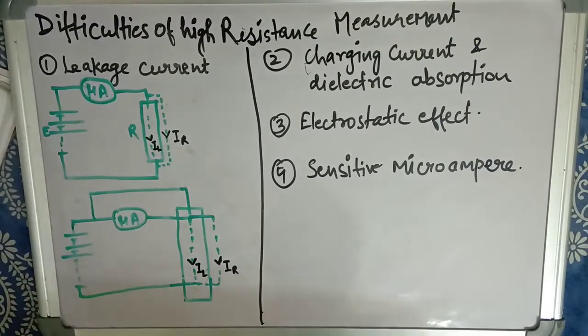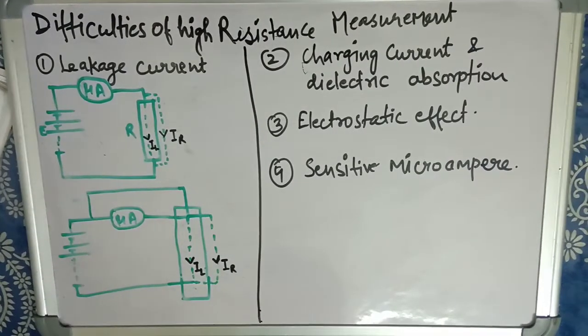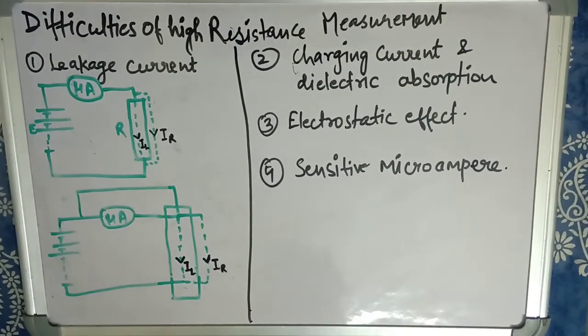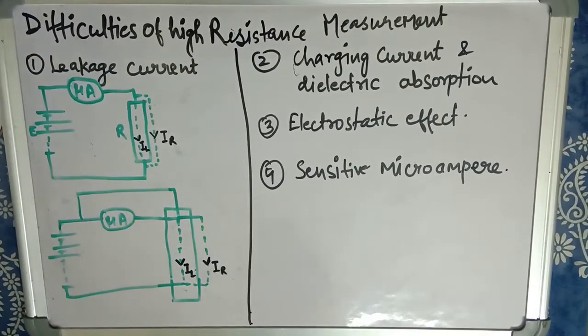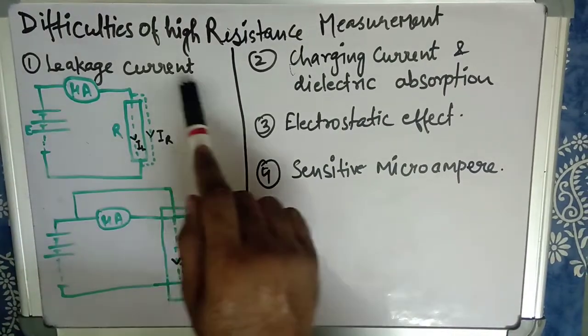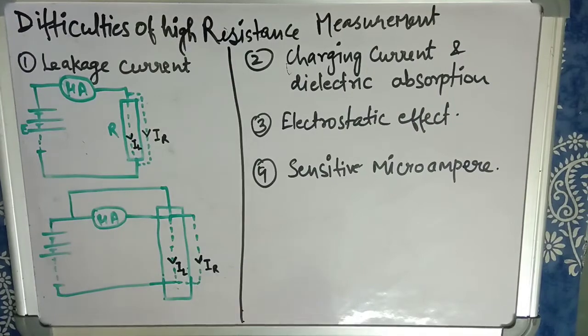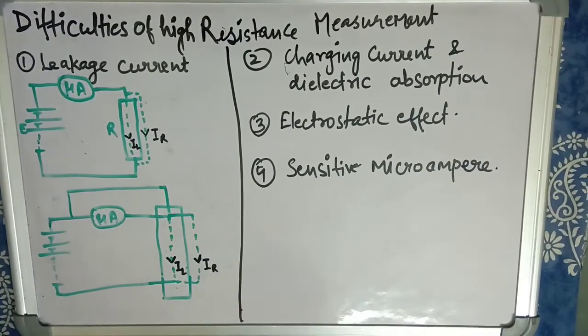So when we go for measurement of high resistance with our traditional methods, we face some difficulties which are as listed. First is leakage current. High resistance is mainly found in the insulation of cables.